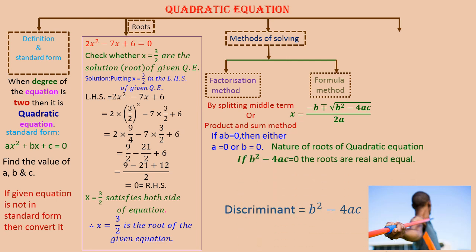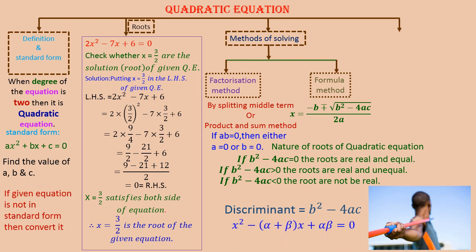If b square minus 4ac equals 0, then the roots will be real and equal. If b square minus 4ac is greater than 0, meaning positive, then the roots will be real and unequal. And if b square minus 4ac is less than 0, meaning the value is negative, in that case the roots are not real, so we do not consider it.